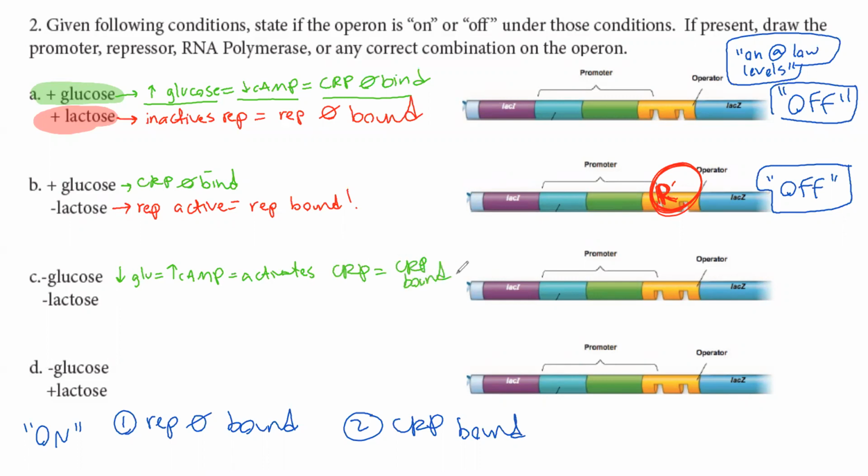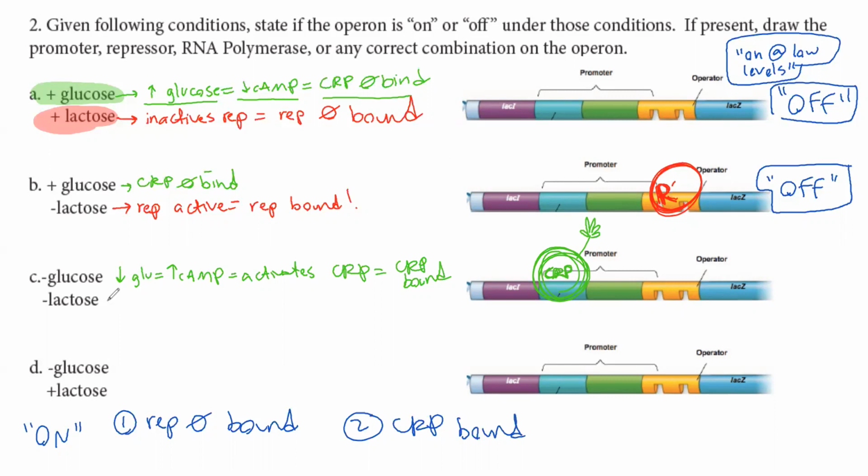So that's great. So we can go ahead and draw CRP here. The main point here is that when you don't have glucose, this chain of events will happen and CRP will be bound, and it'll be like waving its little hand to call over RNA polymerase. So we can do transcription.